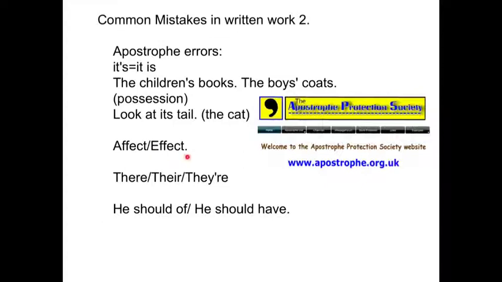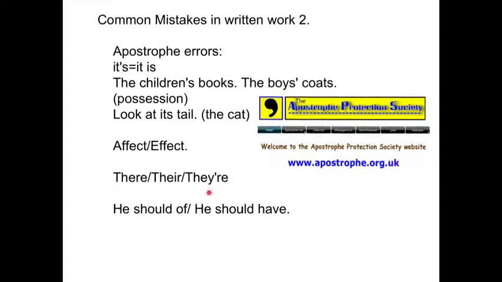However, the effects of the Second World War is a noun. The effects of the Second World War were poverty, death, destruction, and famine. So effect is a noun, affect is a verb. If you're not sure about the apostrophe, please go to the Apostrophe Protection Society. They're very helpful and will give you much clearer definitions of all of the problems, with some quizzes.